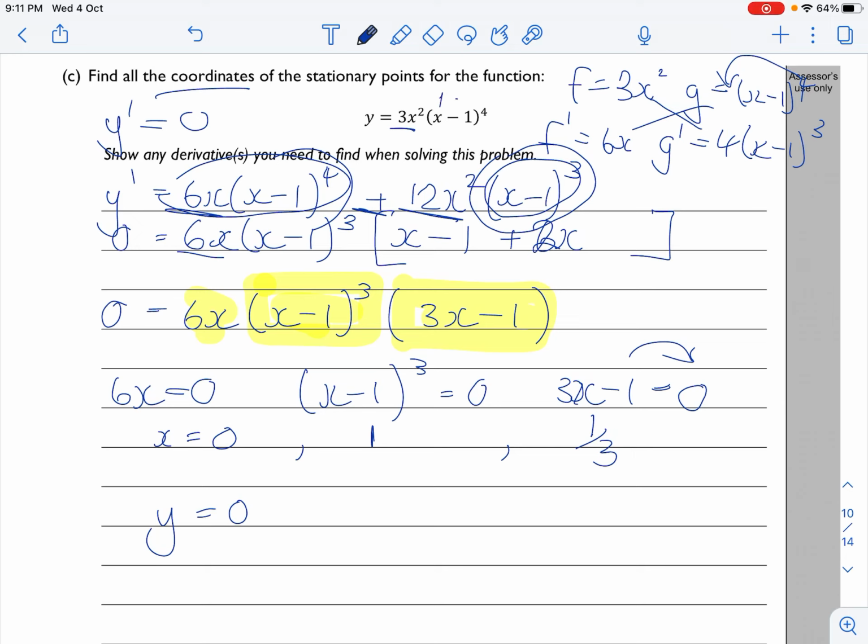If x is 1, that bit there is going to be 0, so that's going to be 0 as well. And putting a third into that, we end up with 16 over 243. So those are our three coordinates: 0, 0, 1, 0, and a third, 16 over 243.